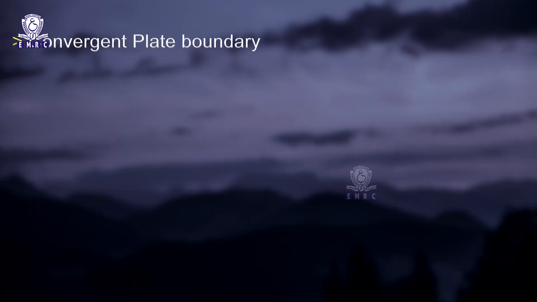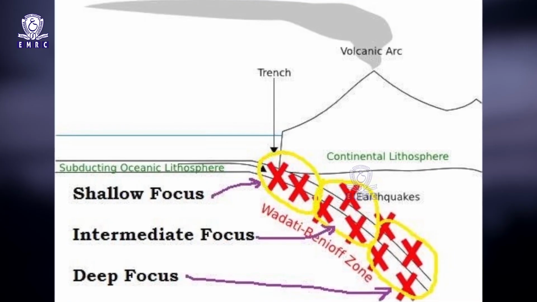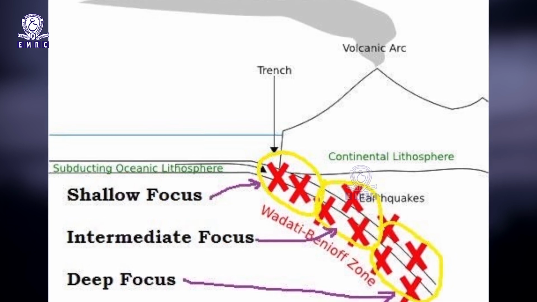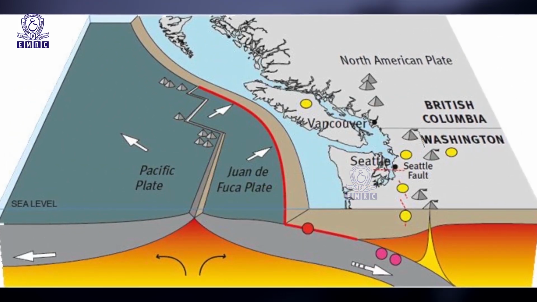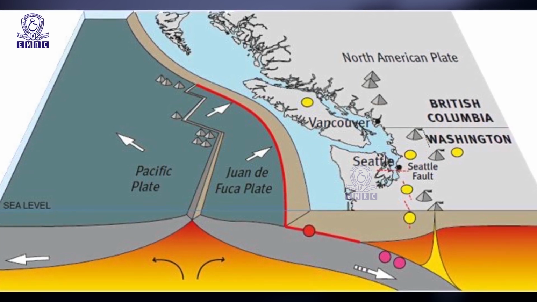There are three types of plate boundaries: convergent plate boundary, divergent plate boundary, and neutral or conservative plate boundary. In a divergent plate boundary, plate motion is in opposite directions from the mid-oceanic ridges. Shallow focus earthquakes, in which the depth of the focus varies between 25 to 35 kilometers, are caused along the divergent plate boundaries, that is, along the mid-oceanic ridges.